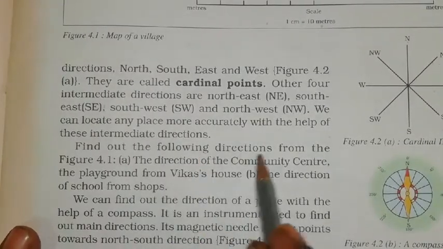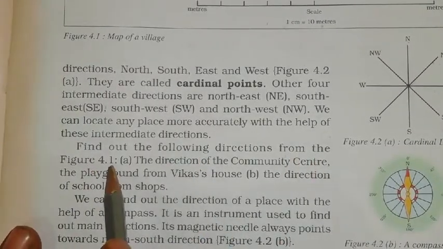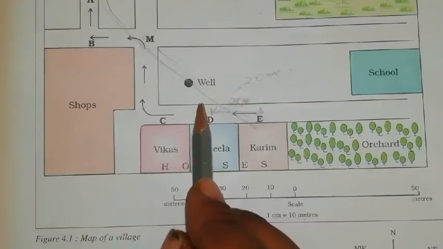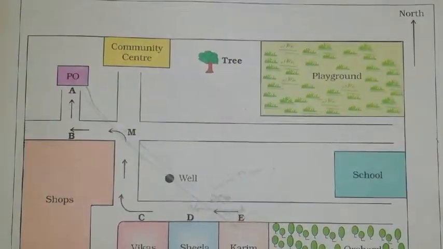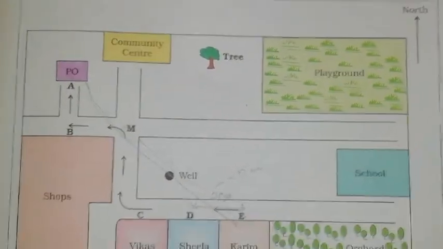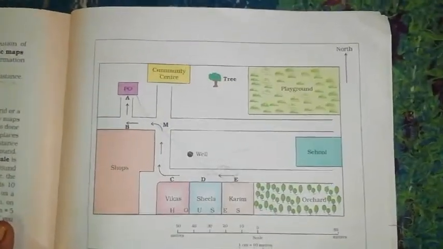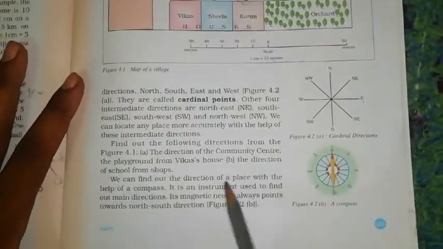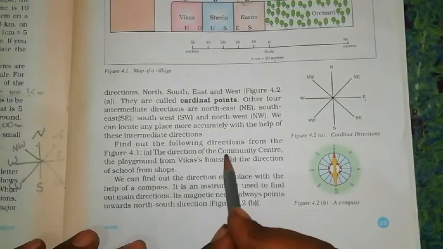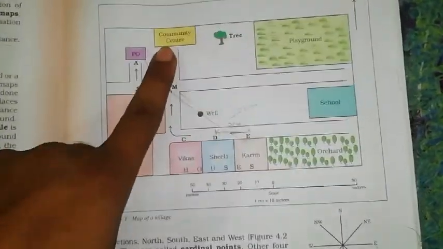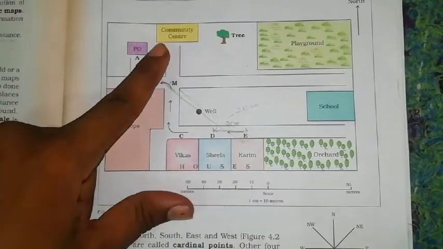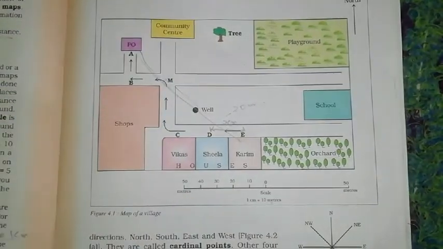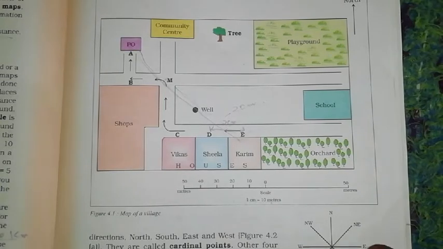Now find out the following directions from figure 4.1a, this figure. Look, an assignment is given here: the direction of the community center, this is the community center, and from here the direction of the community center and the playground from Vikas house, the direction of the school from the shops.